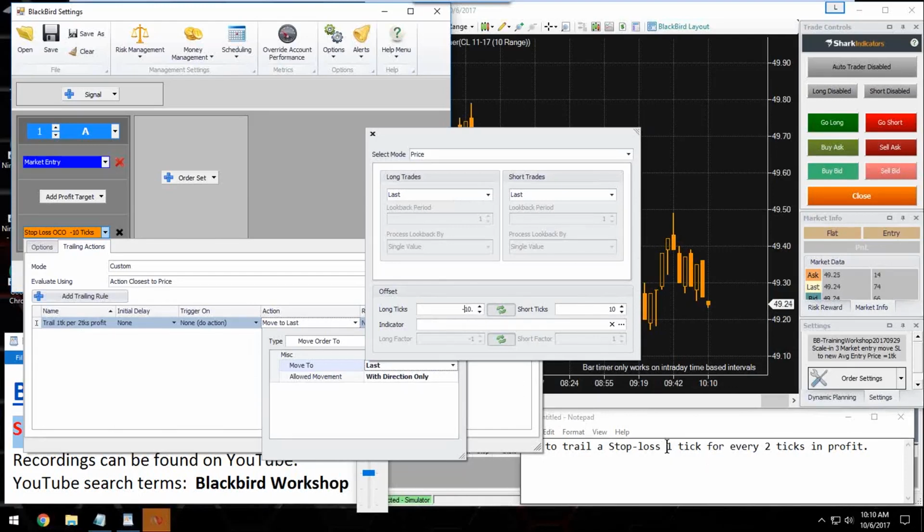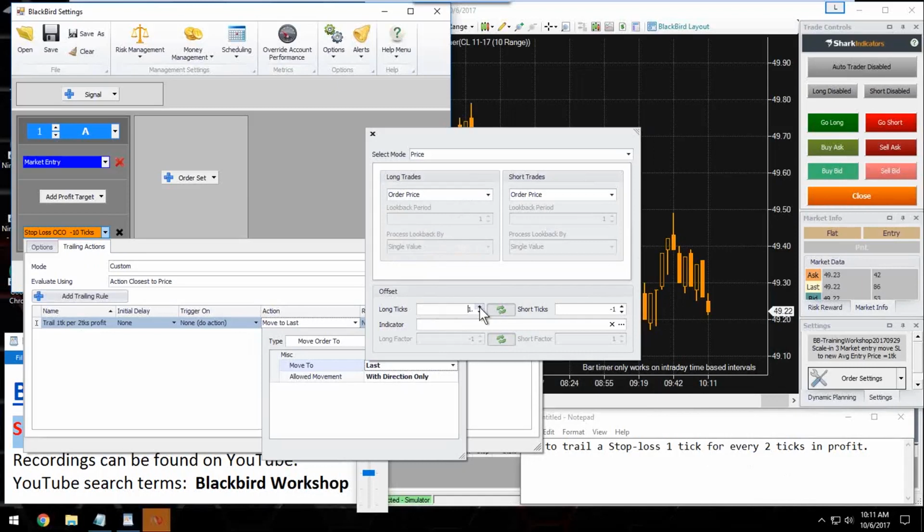But this has a unique component to it. The way we can do 1 tick for every 2 ticks in profit is we can grab the order's price, right? So we're going to take the current order price. In this case, since we're working underneath the stop loss order, that's going to be the stop loss price. So we're going to take the current stop loss price, and actually we're going to add a tick this time.